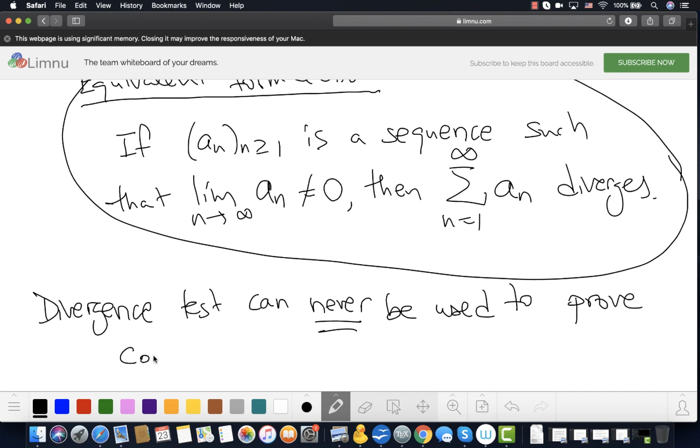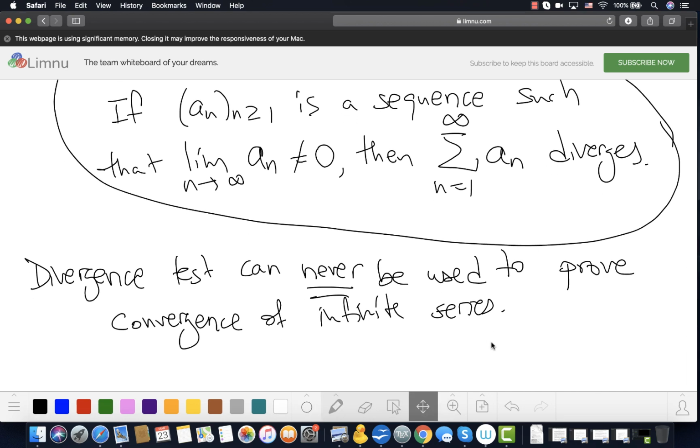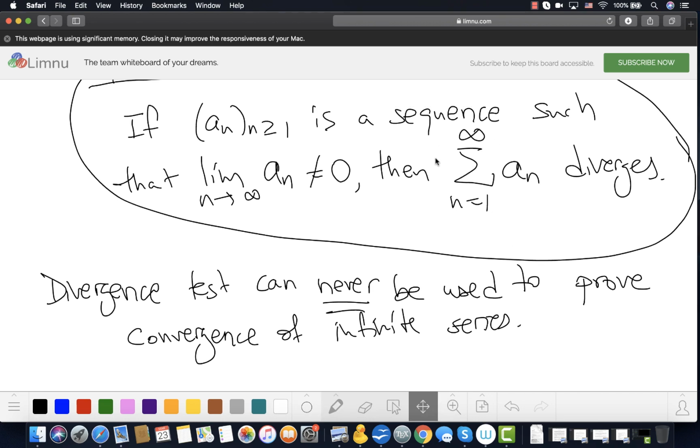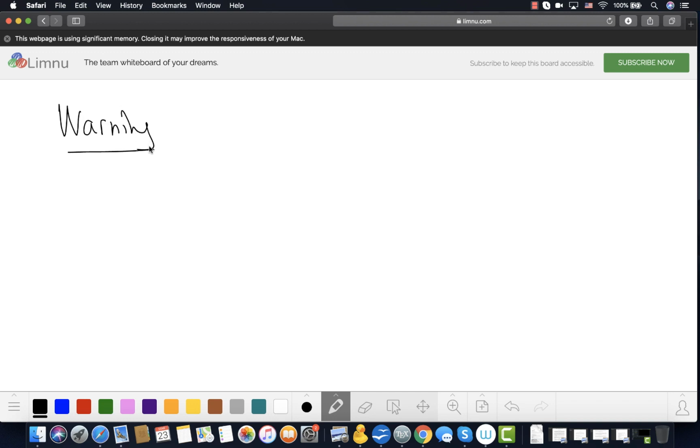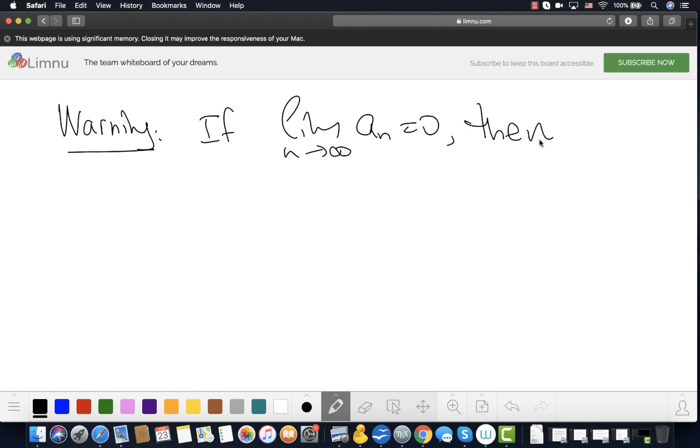It can only be used to prove divergence, and it can only be applied if the limit of the an's is not 0. Okay? So warning once again, if you know that the limit of the an's is 0, then the divergence test is useless. It is inconclusive.